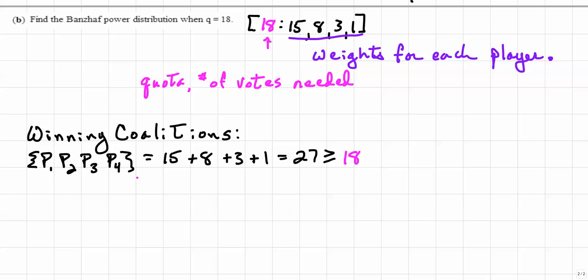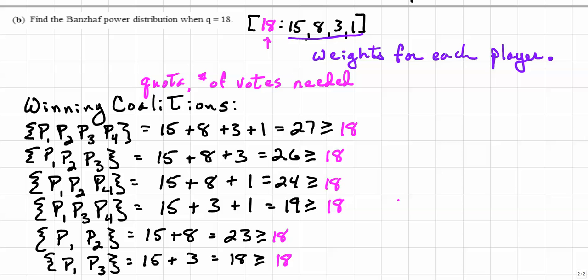You'll note that I've written the first winning coalition here, P sub 1, P sub 2, P sub 3, P sub 4, because if I add my weights of 15, 8, 3, and 1 together, I get 27, which is greater than or equal to 18. This is a winning coalition. And now we're going to write down the remaining winning coalitions. Now you see that we've written down the 6 winning coalitions for this particular weighted voting system.